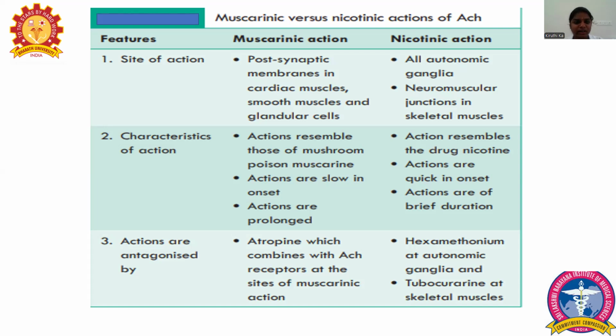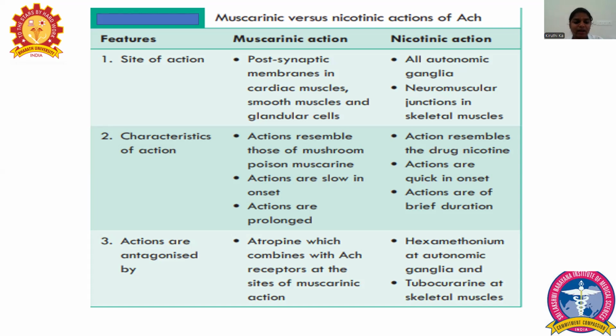While moving to the muscarinic receptors, they are mostly found in the brain, involuntary muscles and glands, etc. There are 5 subtypes of muscarinic receptors: M1, M2, M3, M4, and M5. Specific blockers are available for each receptor subtype; atropine blocks all.